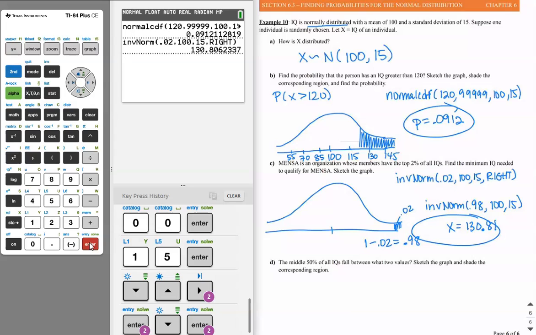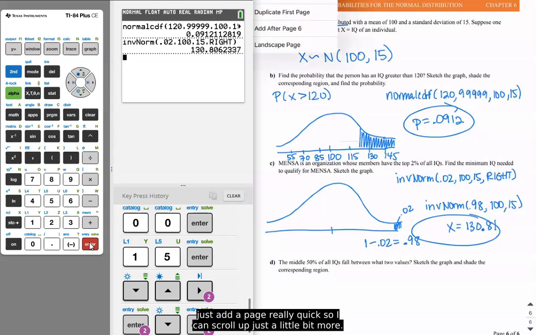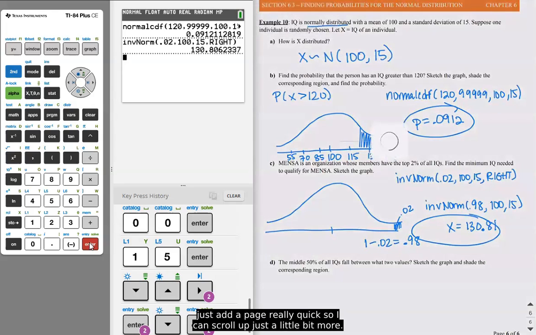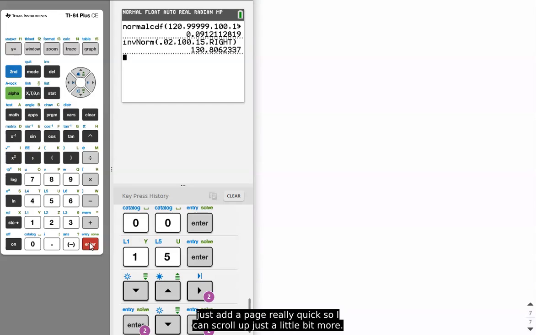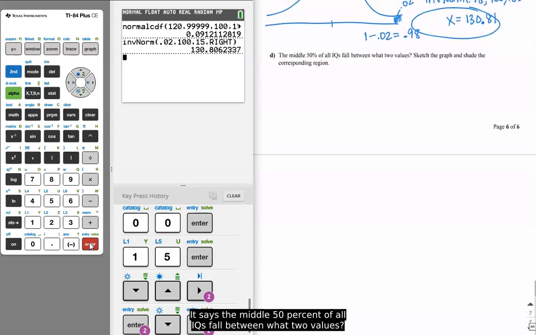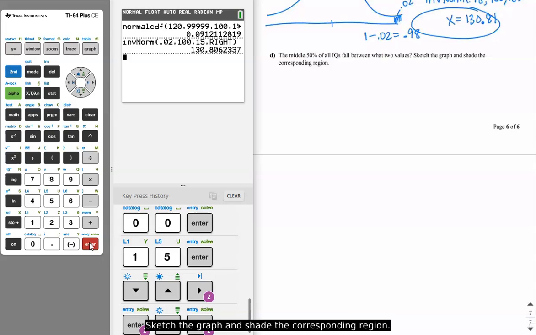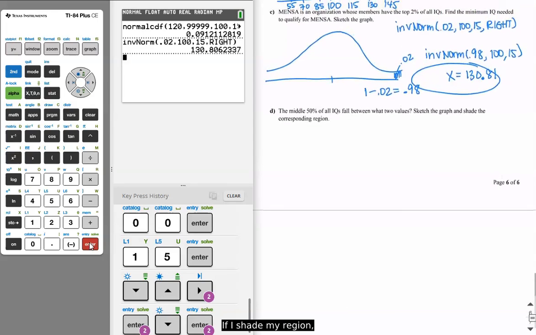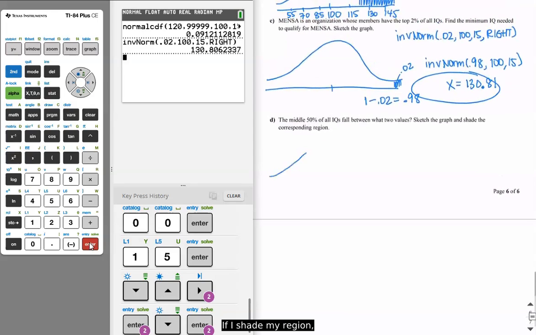All right, so our last one, it says the middle 50% of all IQs fall between what two values? Let me just add a page really quick so I can scroll up just a little bit more. There we go. Sketch the graph and shade the corresponding region. Okay, so if I shade my region, we want the middle 50%.